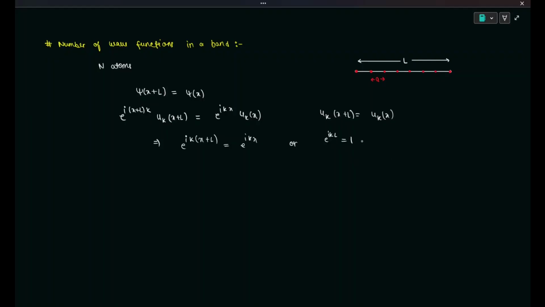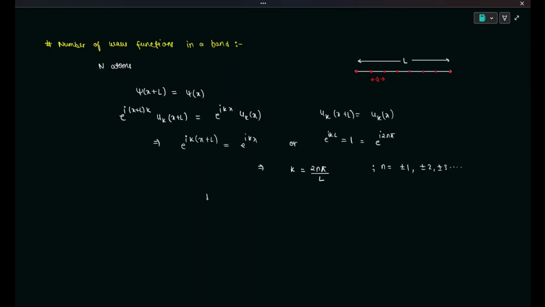Now I can write 1 as e raised to the power i 2n pi. So this implies that the allowed values of k are equal to 2n pi by L, where n can take positive and negative integer values.